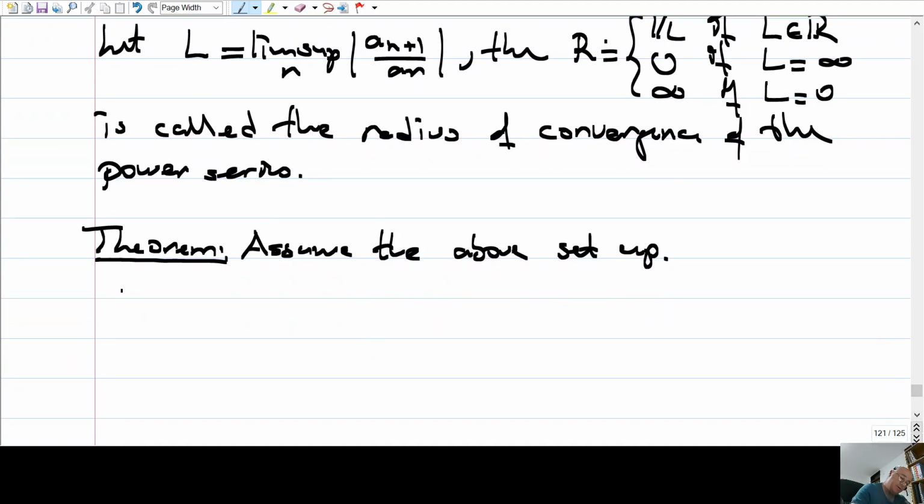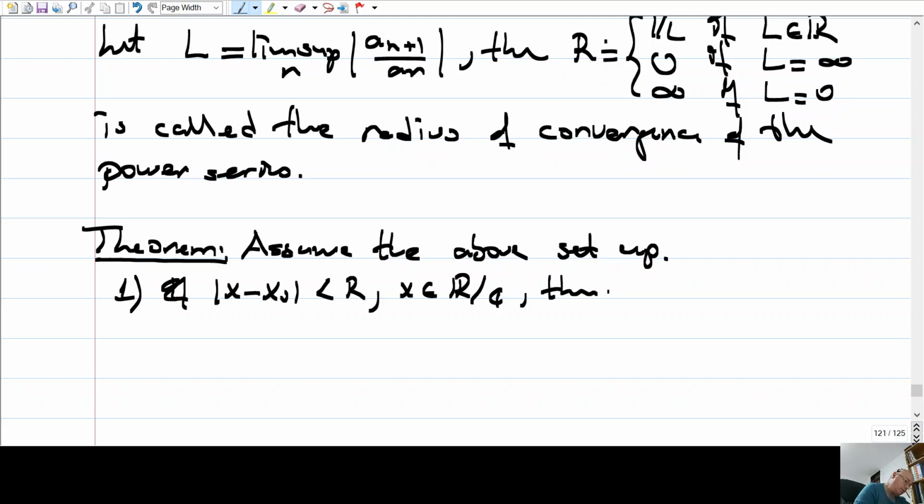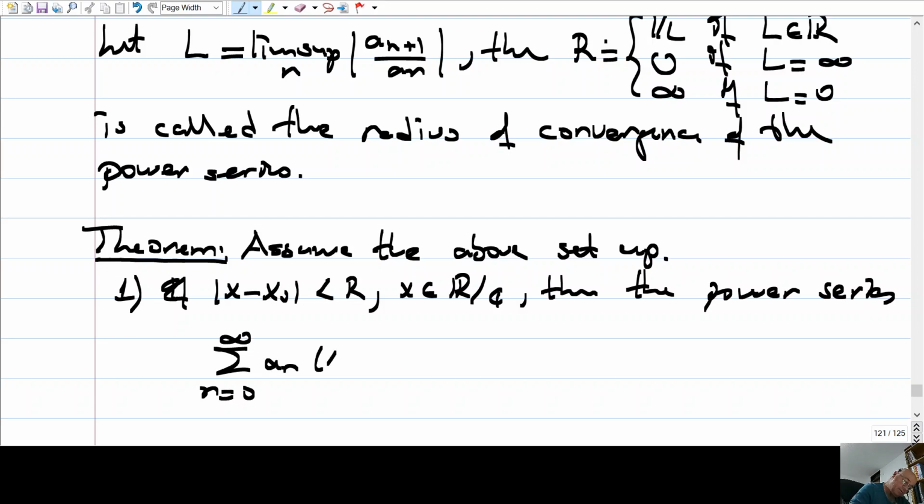Now, if |x minus x0| is less than R, x being a real or complex number, then this power series converges absolutely.